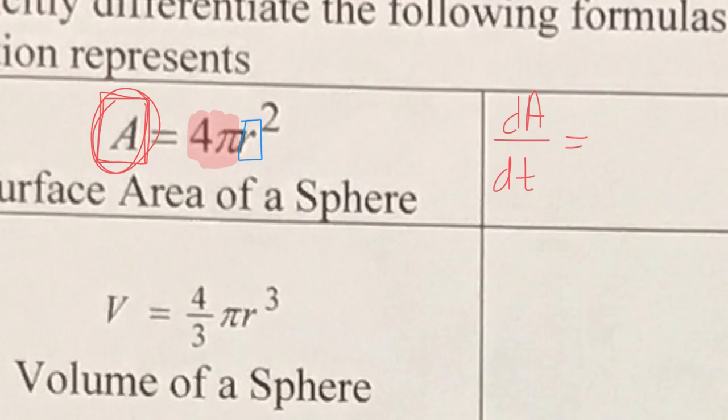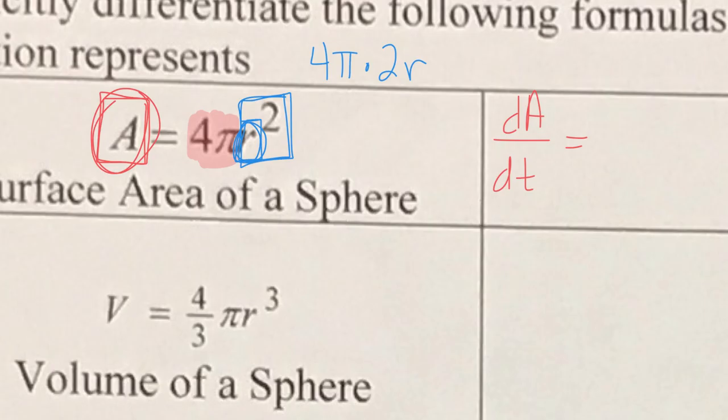So the rate of change of area with respect to time equals. Now we have your constant, because our variable is r squared. So what is the derivative of r squared? Right, 2r. So 4 pi times 2r.